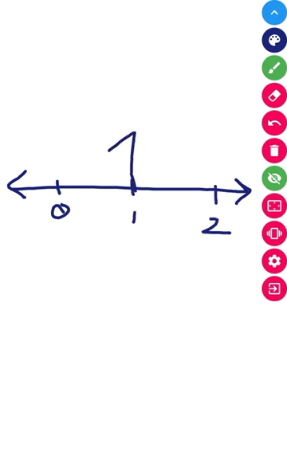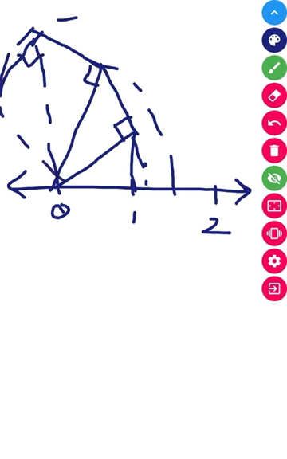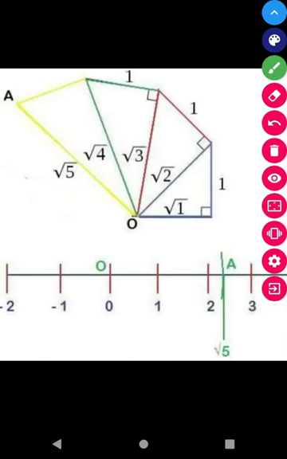We have made the root 2, then root 3, then root 4, and in the end we will form the root 5. I make a rough diagram. You can see it clearly, like here you can see.